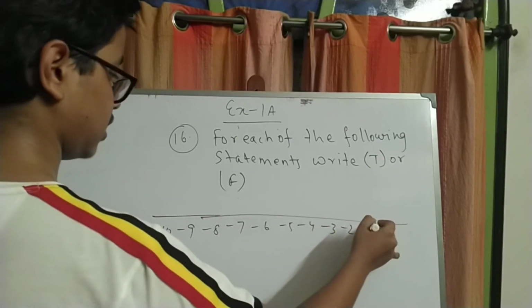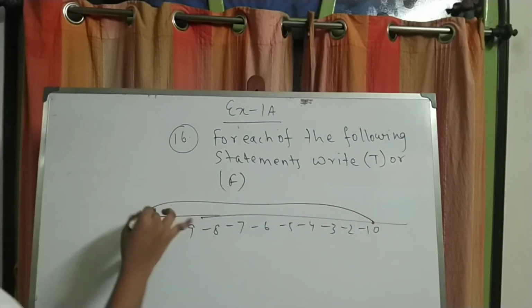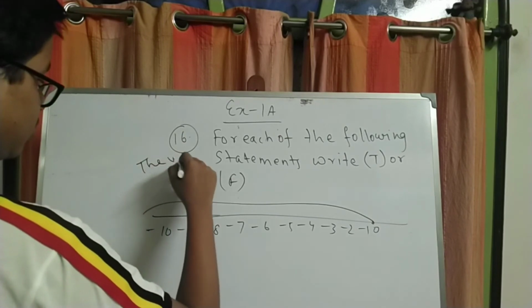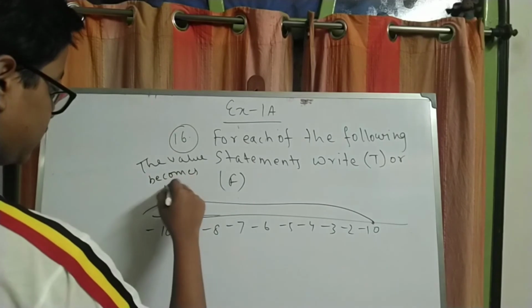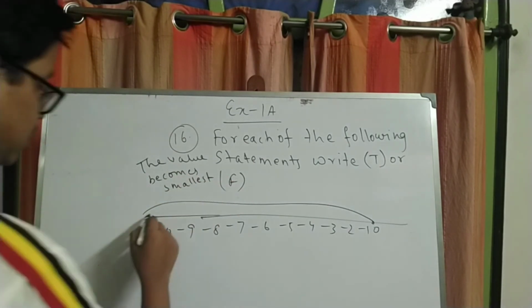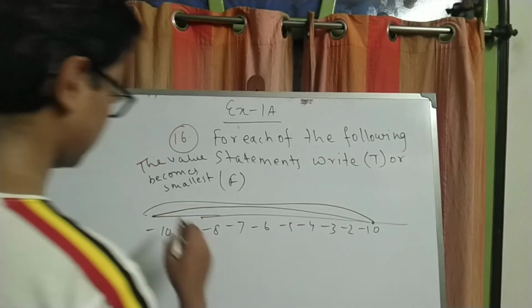If we calculate from 0 to 10, as we go deeper in the number line, the value becomes smaller, and if we calculate in the reverse way, the value will be bigger.